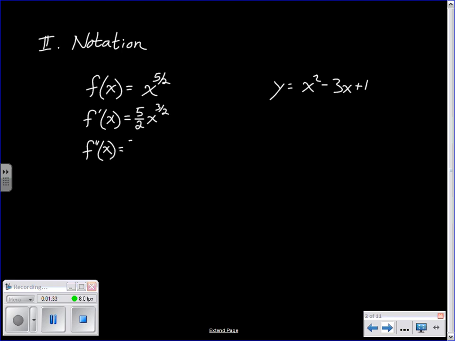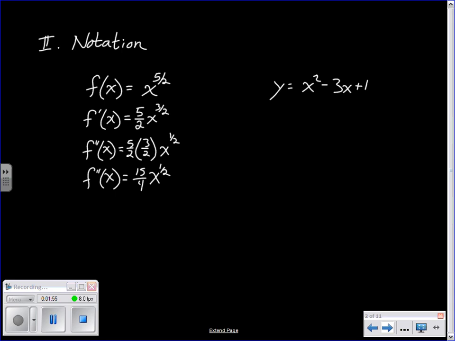So this is going to be 5 halves times 3 halves times x to the 1/2 power, still using power rule. I can simplify here to get 15 over 4 x to the 1/2. And you could keep going. You could find the third derivative if you wanted to, the fourth, and so on.